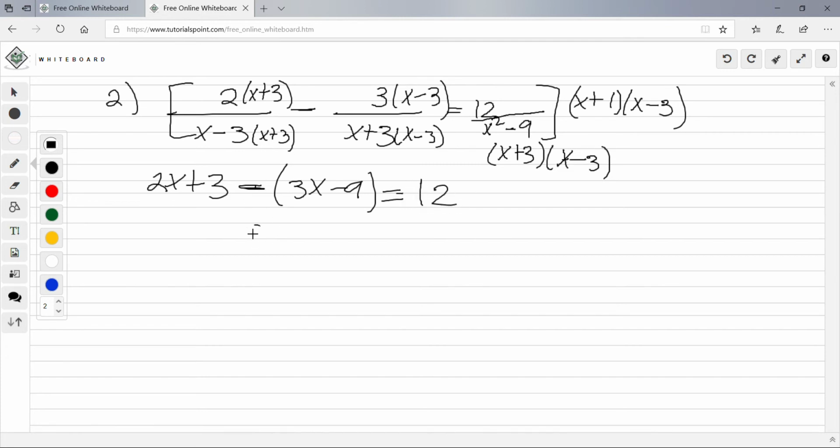So distribute this negative, so that's negative 3x plus 9. So 2x plus negative 3x is negative x, and then 9 plus 3 is 12, equals 12.